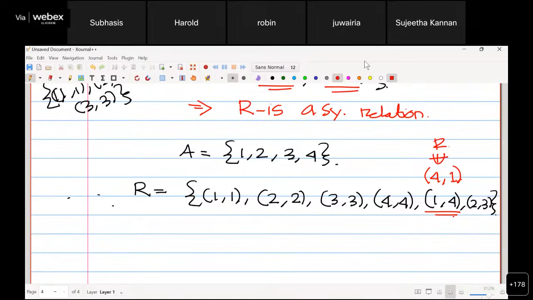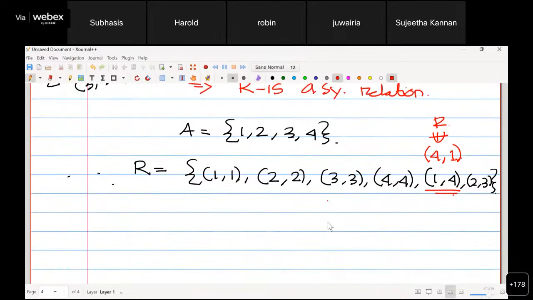So it is also not necessary that there be 1,4 and 2,3 for reflexive and symmetric? No. If these two elements are not here, then R is reflexive, and symmetric as well.